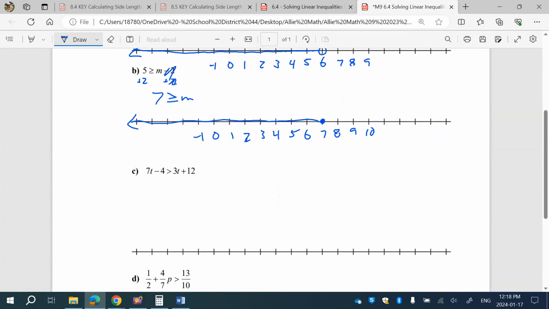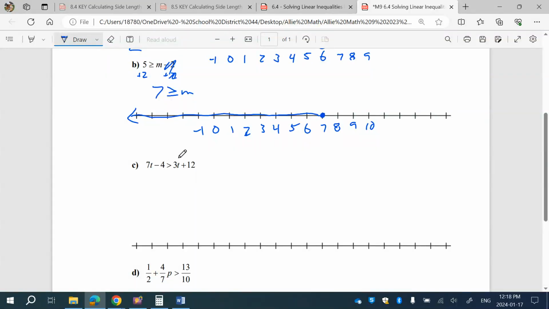Okay, for these ones, we have stuff on each side, so we're just going to put all of our variables on one side, put all of our constants on the other side, and then divide by a coefficient to solve. I want our t to be positive, so let's first subtract this 3t from this side, subtract it from this side. That zeroes out. We're left with 7t minus 3t is 4t, minus 4 is going to be greater than 12.